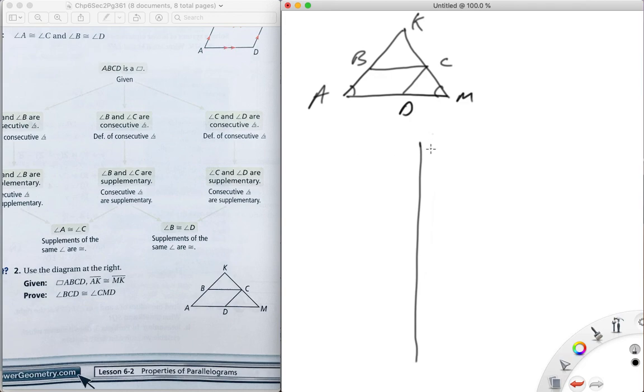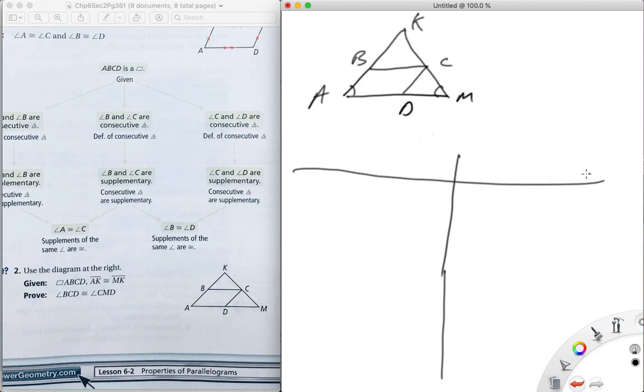We sort of have to ask ourselves what we're dealing with, right? What am I looking at? Well, we're looking at a particular triangle that has these two guys that are the same.